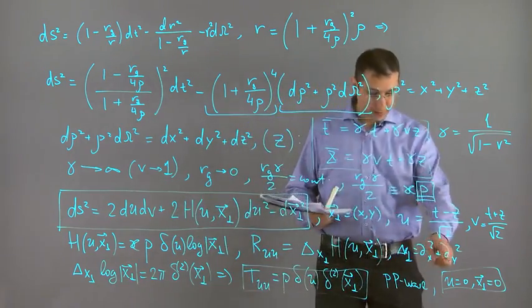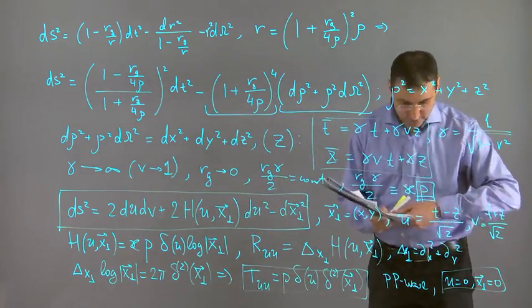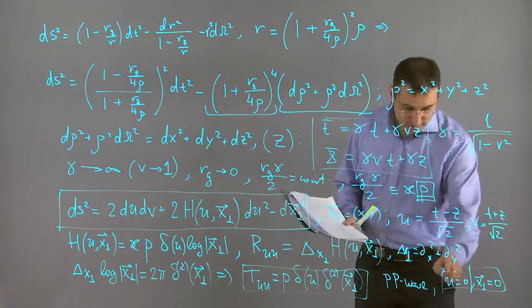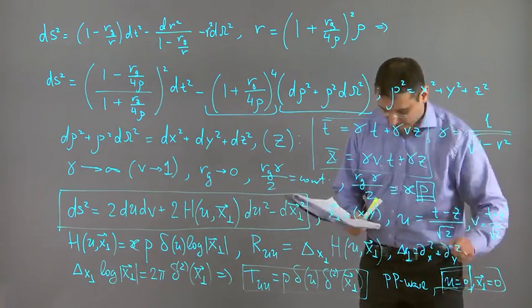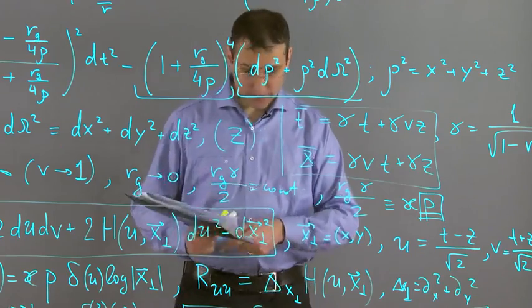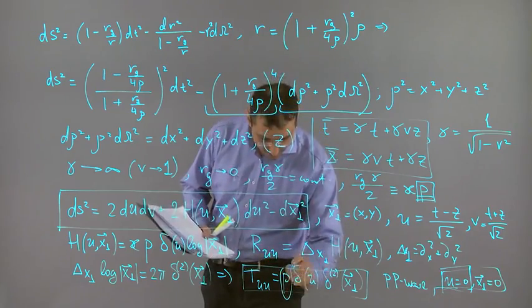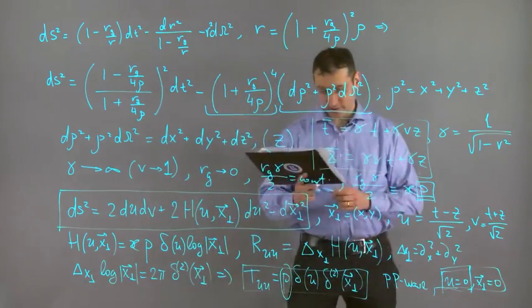It travels with the speed of light, because this equation just tells us that the wave travels with the speed of light. So the momentum of this wave is given by p, according to this expression.